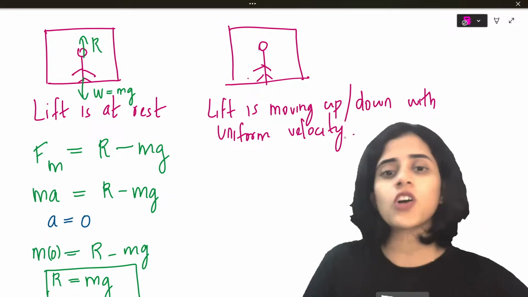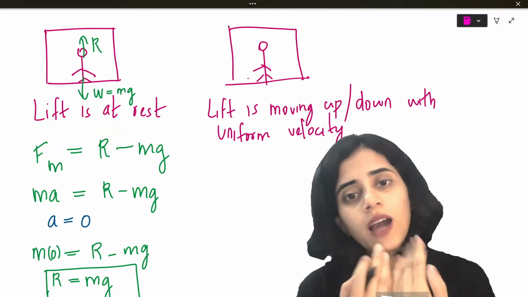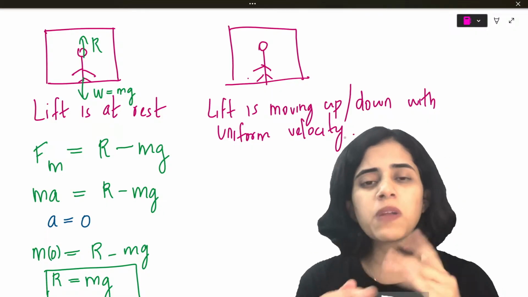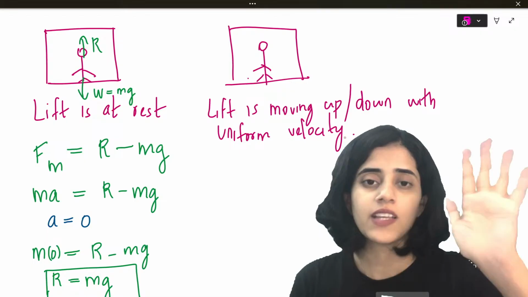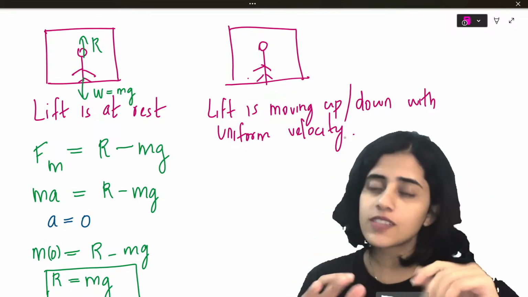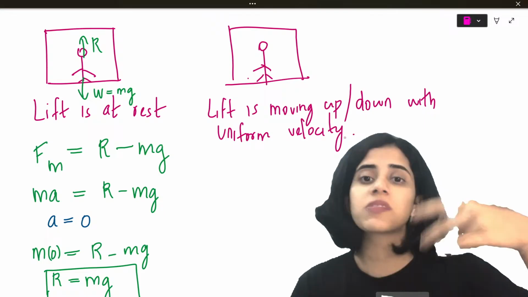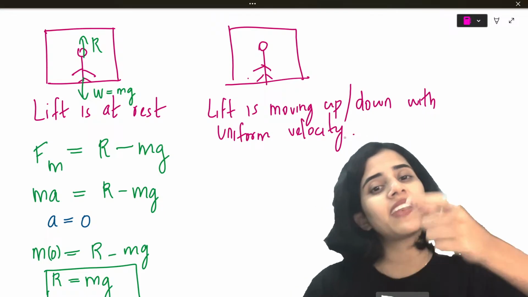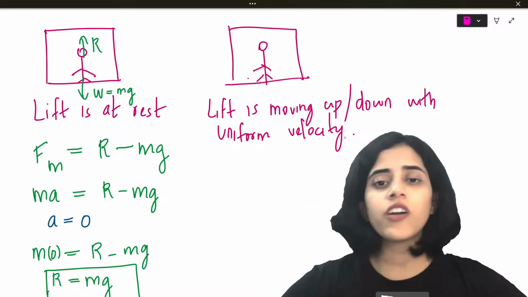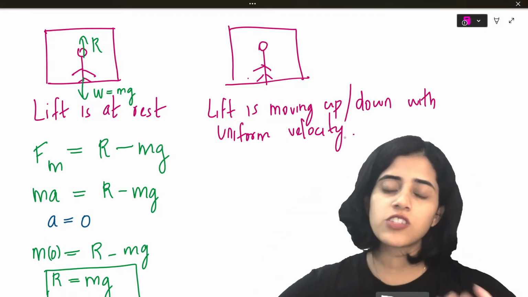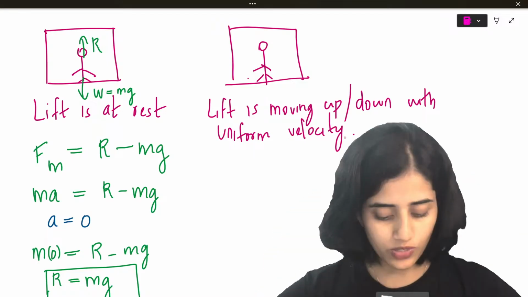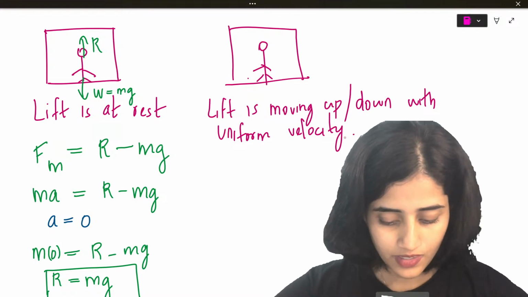On the lift, you can move up or down, but the speed, velocity is not increasing. Let's say the velocity is 20. It's going up with 20, coming down with 20. It does not become 30, 40, 50, or it does not become 10, 5, 0. It is not increasing or decreasing. Same velocity you're going up, same velocity you're coming down. Is the case clear?